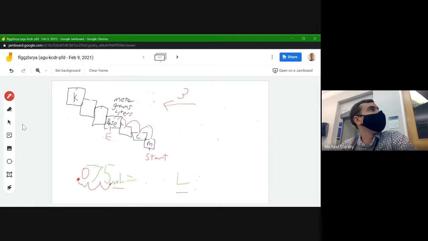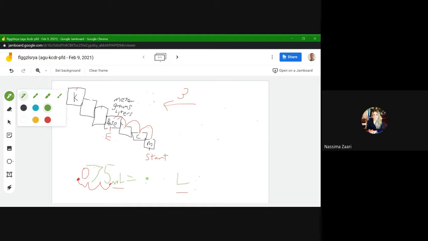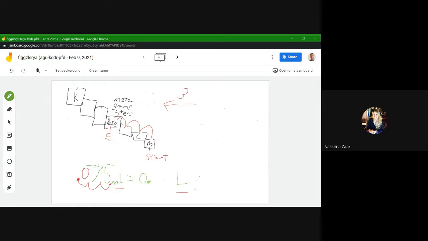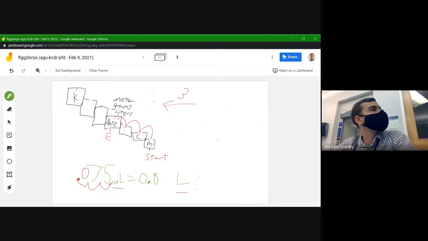So what is our 75 milliliters equal to? 0.075 liters. So 75 milliliters is the same thing as 0.075 liters.